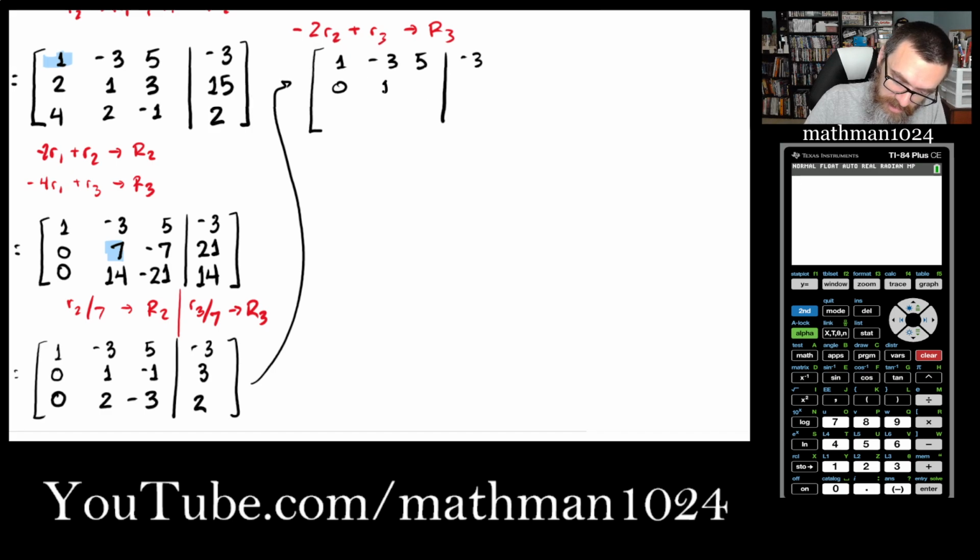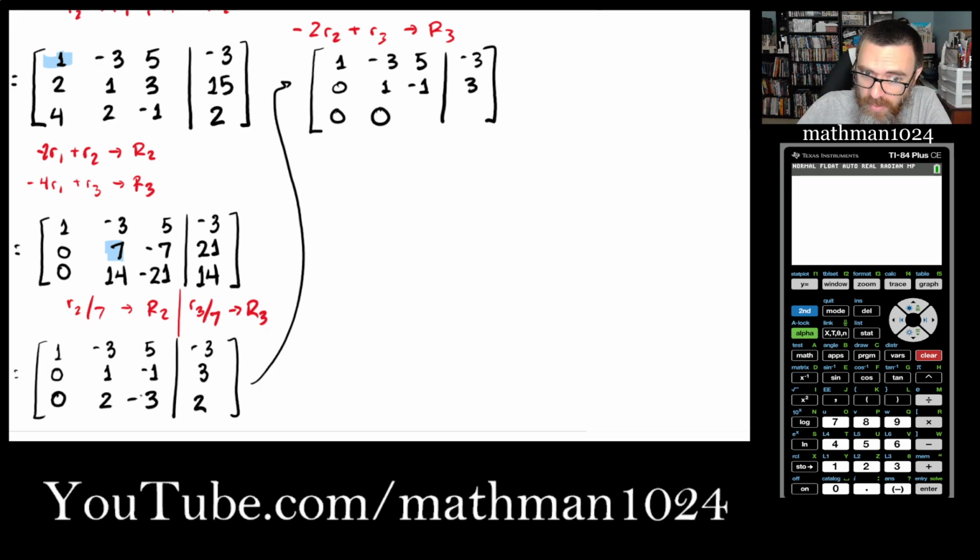So this guy here does not change. Now, -2 times 1 plus 2 is 0. Negative 2 times negative 1 is 2, plus negative 3 is negative 1. Negative 2 times 3 is negative 6, plus 2 is negative 4.